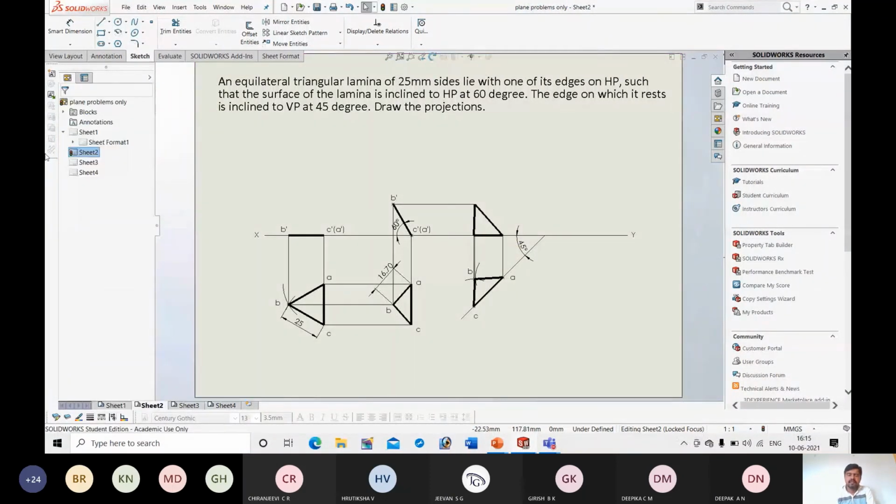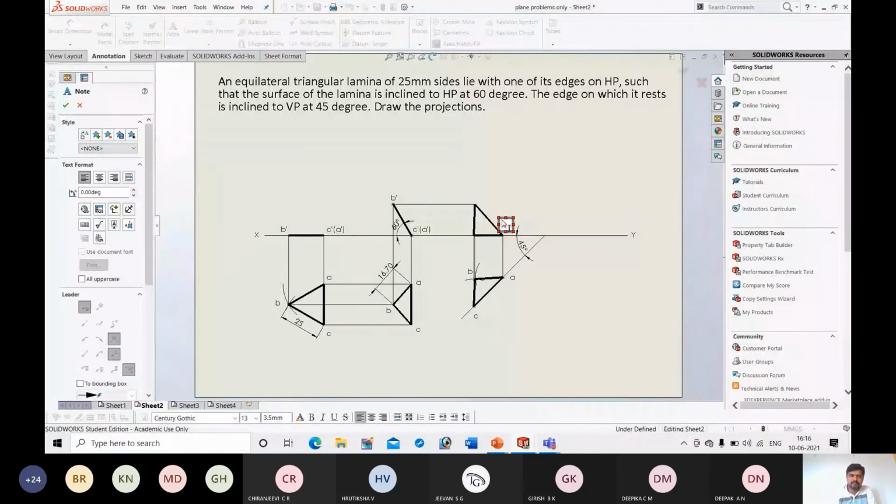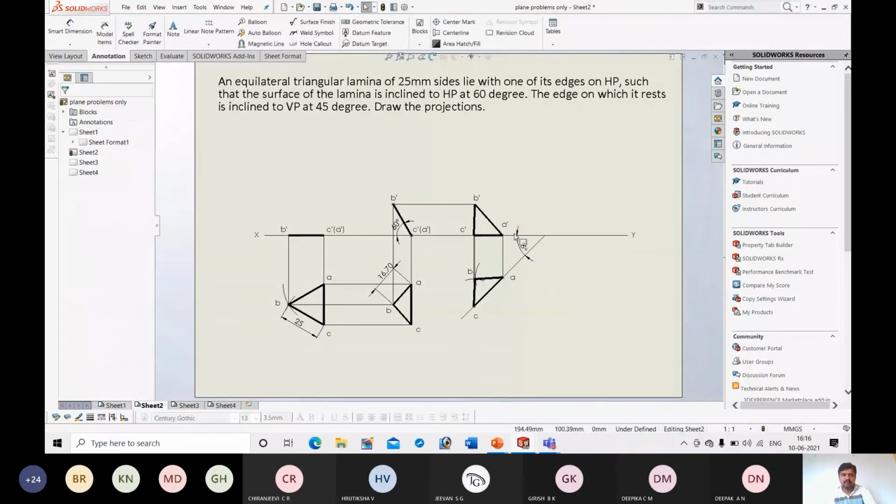Okay, so this is the final front view. So I will name the points. This is A dash, this is B dash, and this is C dash. In the final front view also you can see A and C are on XY, which means it is on HP.